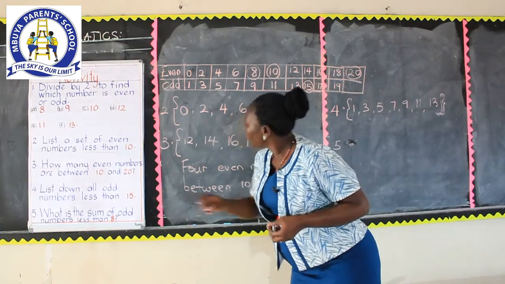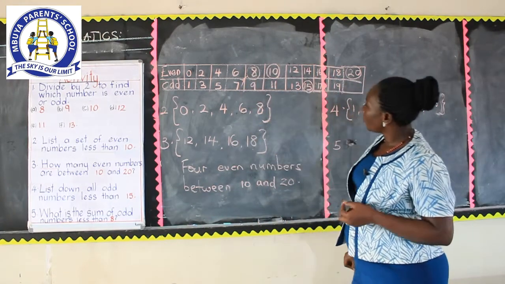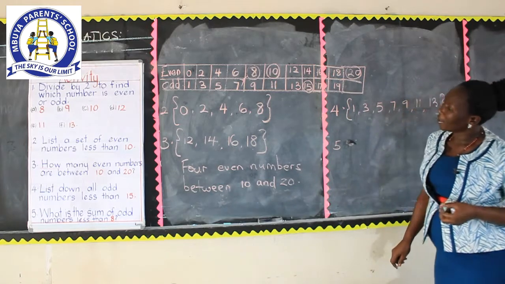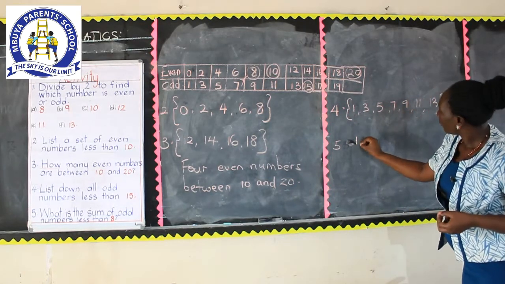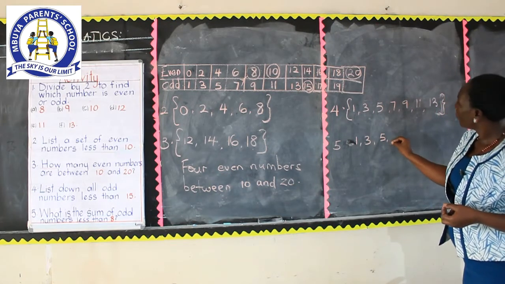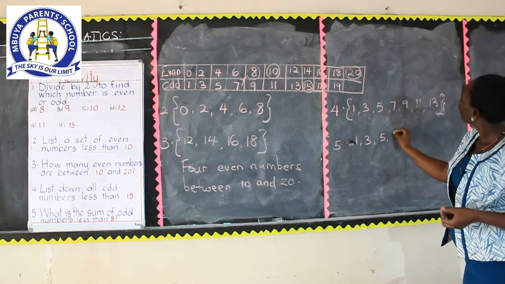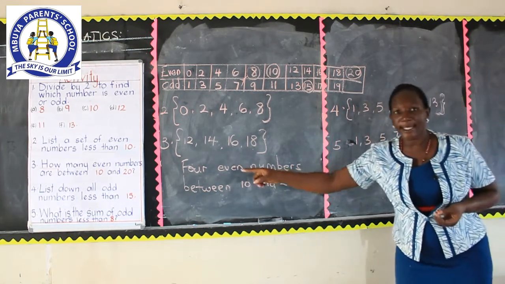They are talking of odd numbers. So that number that came before 8 was 7. So we have the numbers as 1, 3, 5, and 7. The question is looking for the sum.